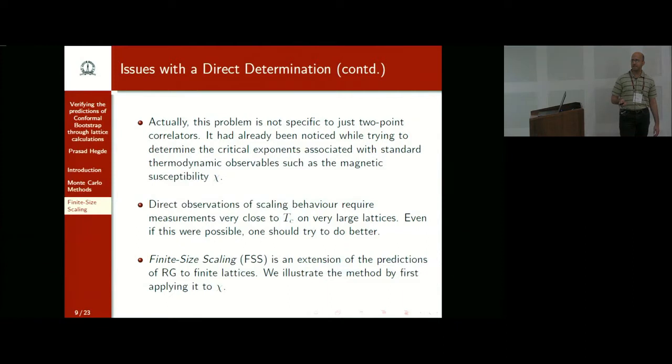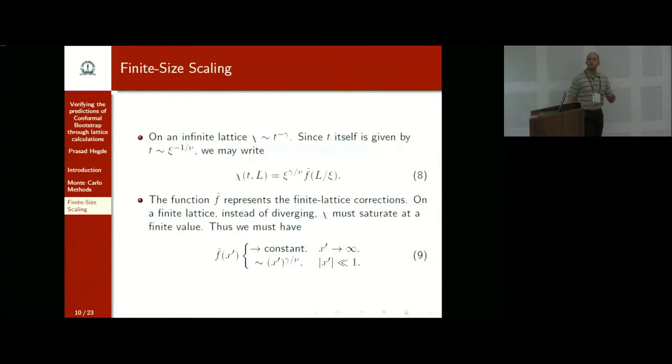And let me just illustrate this by first applying it to the magnetic susceptibility. Here's the thing: as you know from your StatMech lessons, on an infinite lattice, in infinite volume, the magnetic susceptibility diverges. T is the reduced temperature here, T minus Tc by Tc. Since T itself is a function of the correlation length, you can actually write it like this.